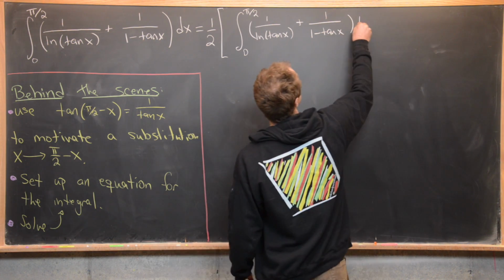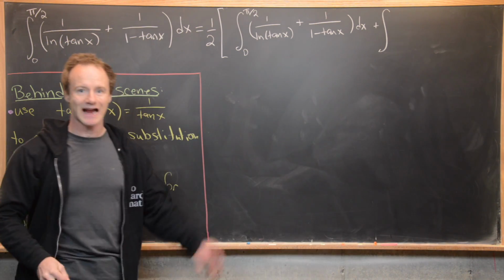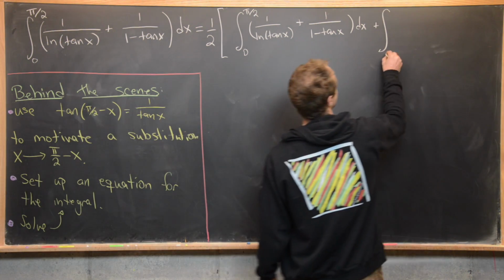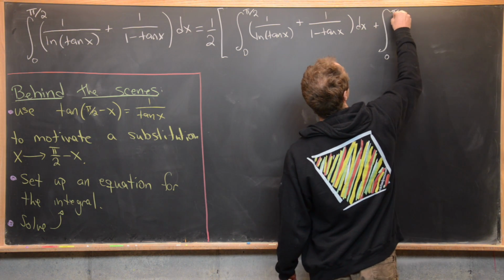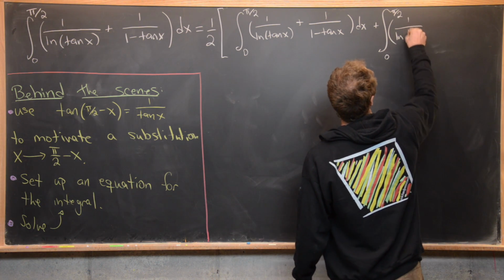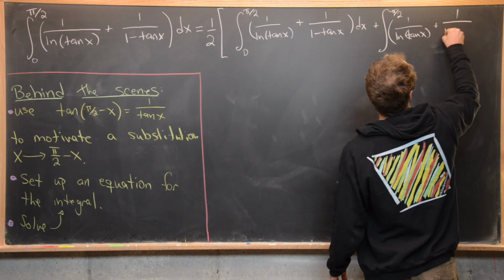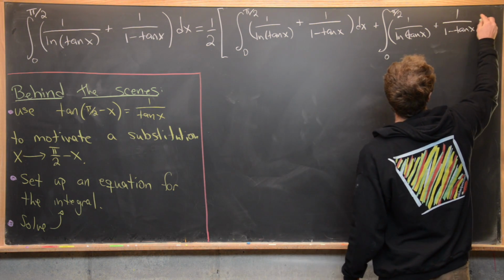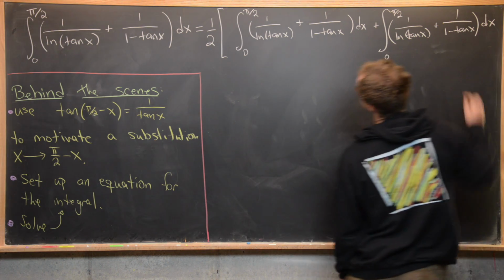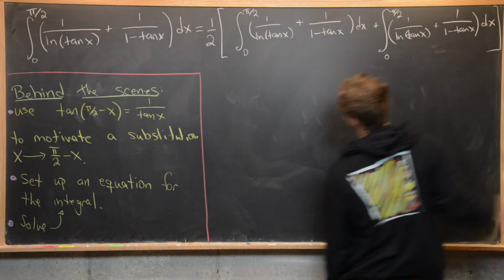And all of this is dx, but now I'm going to add that integral exactly to itself. So again, an integral from 0 to pi over 2 of 1 over natural log of tangent of x plus 1 over 1 minus tangent of x, and then dx. Okay, and then we've got to close off this big bracket.